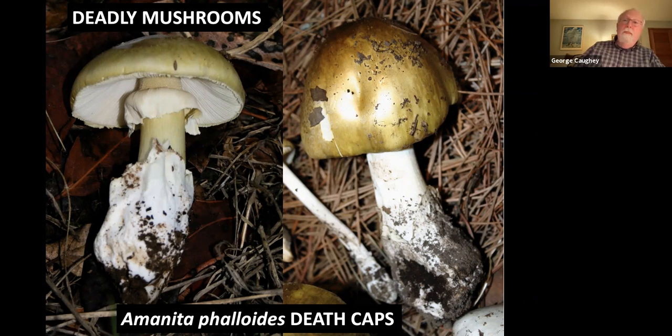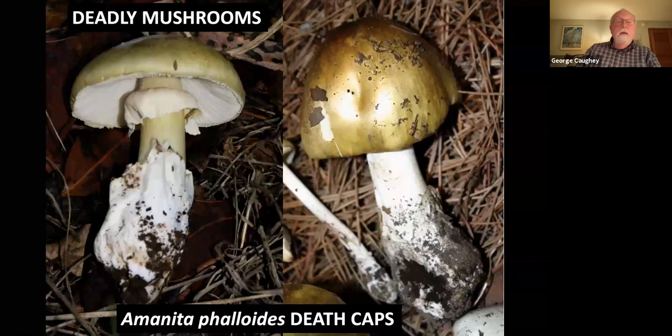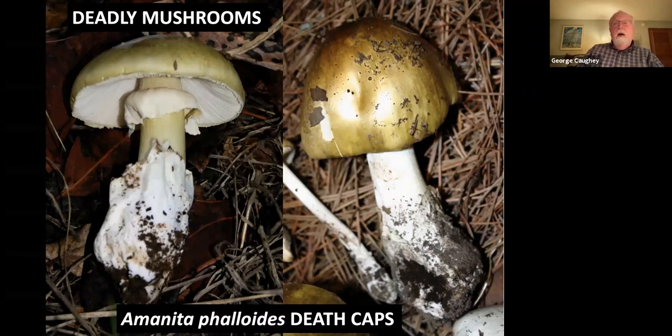Anyway, they're definitely worth noting, especially if you're eating mushrooms, because they're the ones that kill 90 to 95% of people who die of mushroom poisoning in California. So mistakes are made. And they do appear in our parks quite frequently, and people make mistakes.